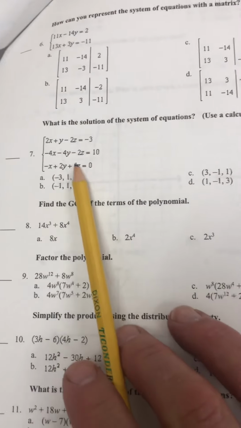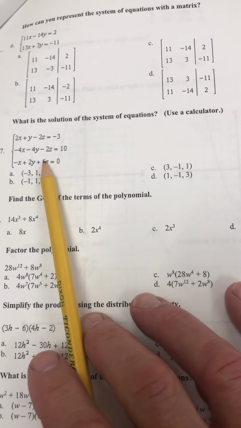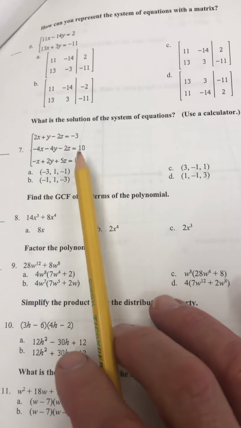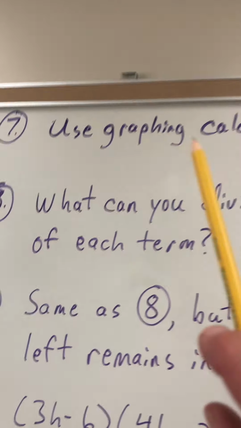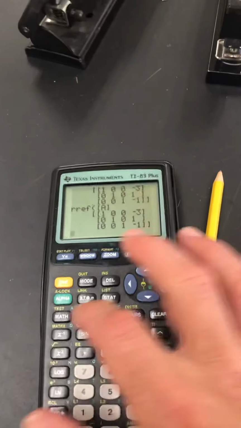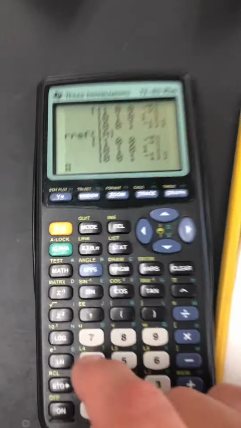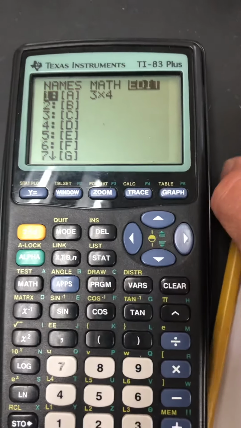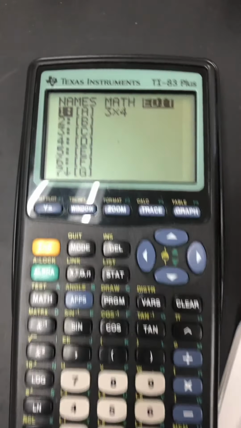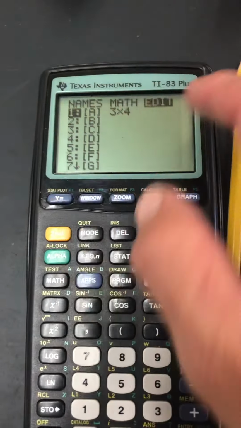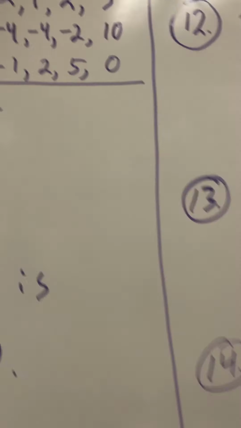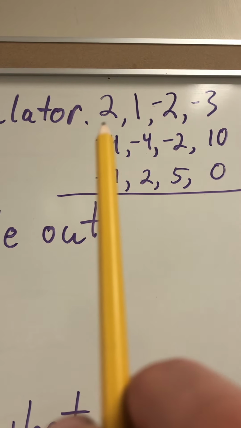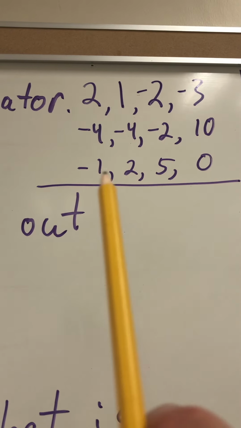So number 7, what is the solution of the system of equations? Use a calculator. All I can tell you for this one is to use the graphing calculator. So you're going to do the matrix. Once you turn your graphing calculator on, you're going to hit second, then matrix, go over to edit, and make sure you have a 3x4. Type in all your numbers. What numbers are you typing in? These are the numbers for the first equation, the second equation, and the third equation.